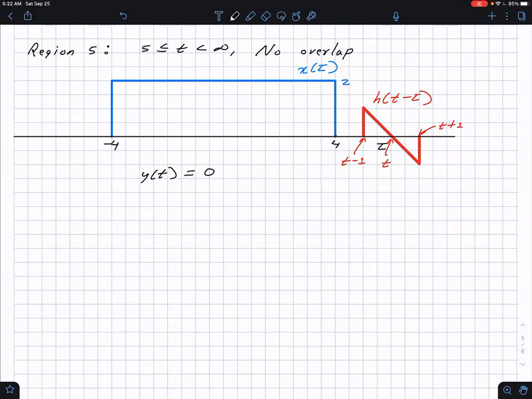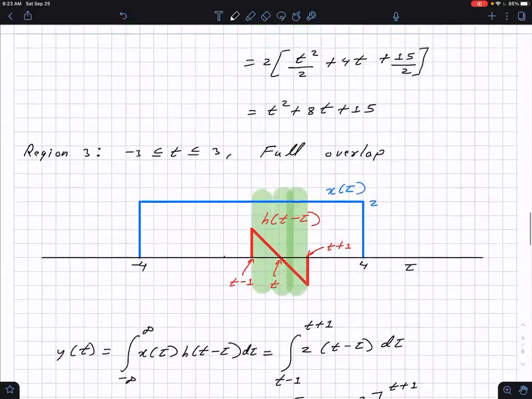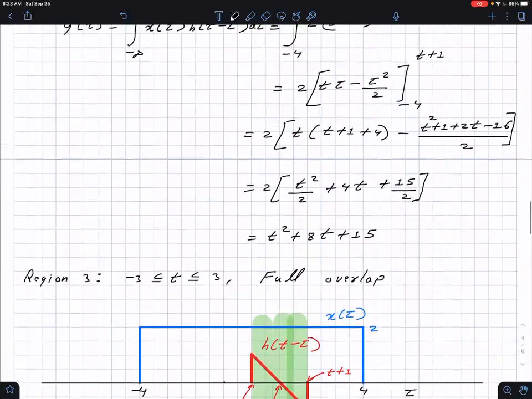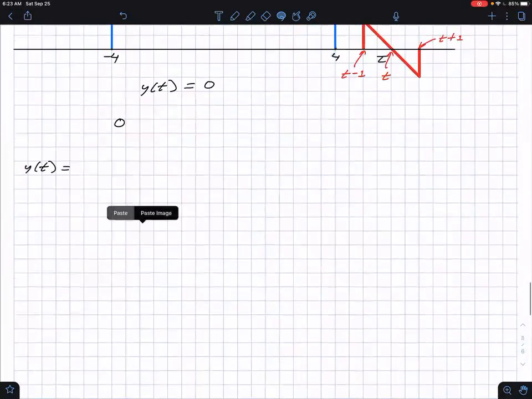So overall, what we are getting for our expression for y of t equals 0 in the first region, and in the second one, we had this. And then in the third region, we got a 0 again.